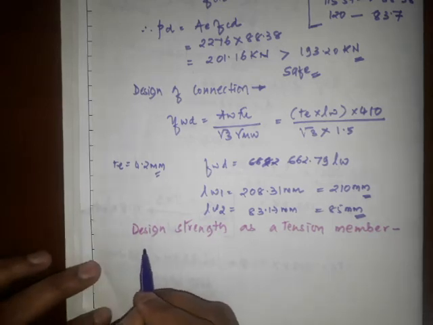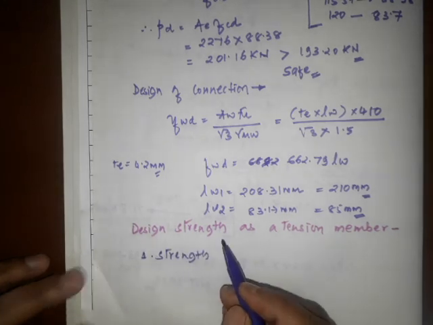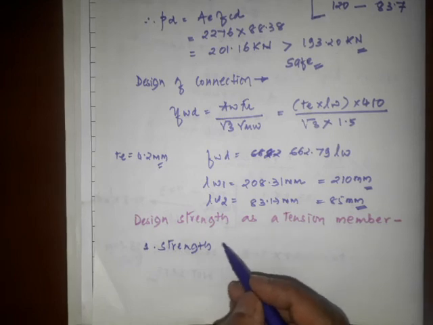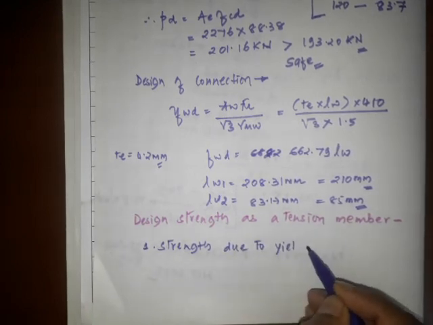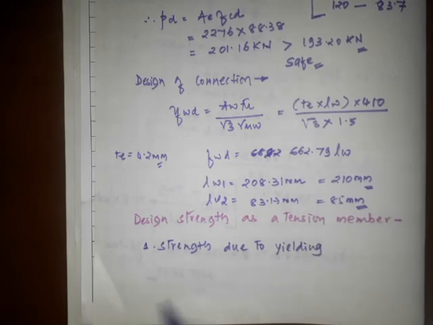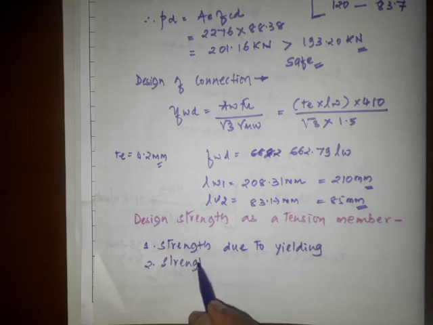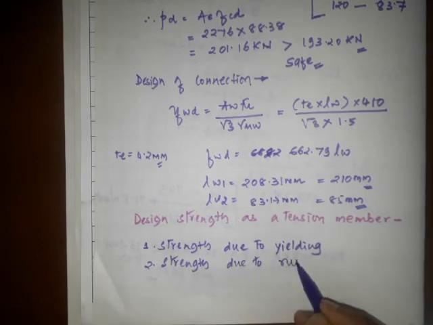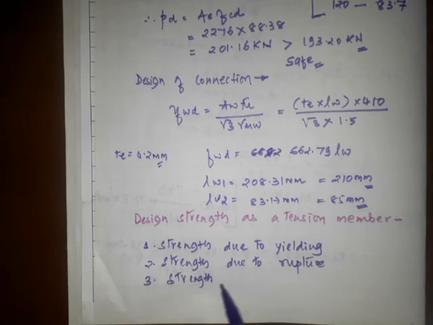There are three criteria here. One is strength due to yielding, then strength due to rupture, and the third one is strength due to block shear.